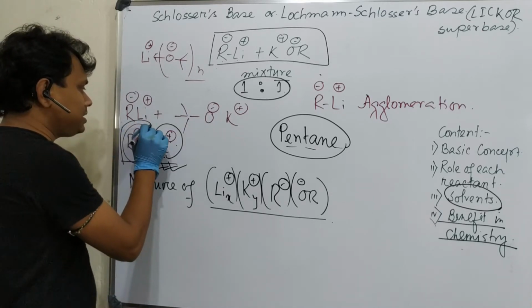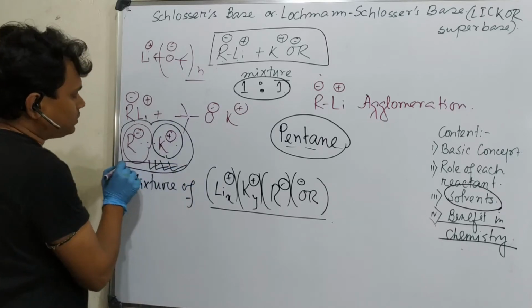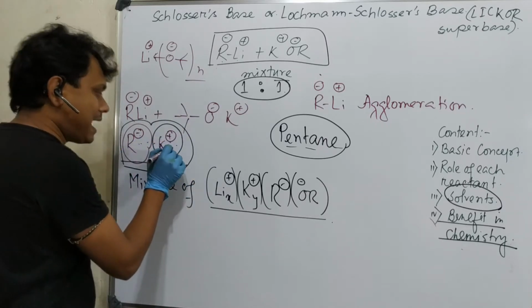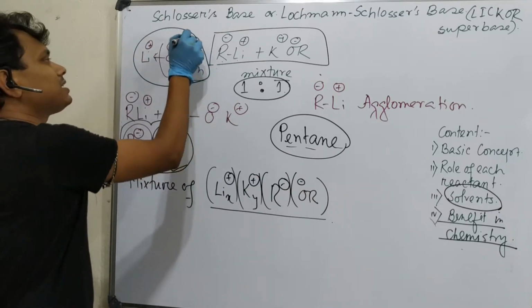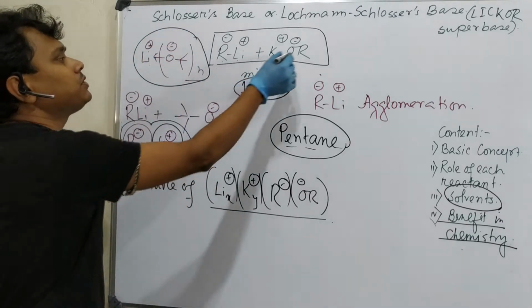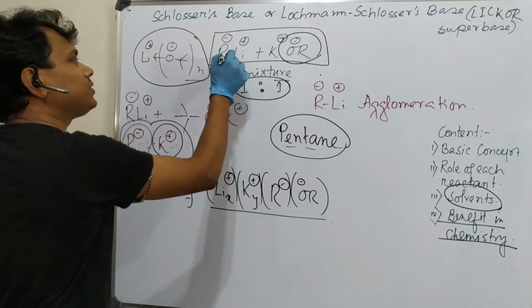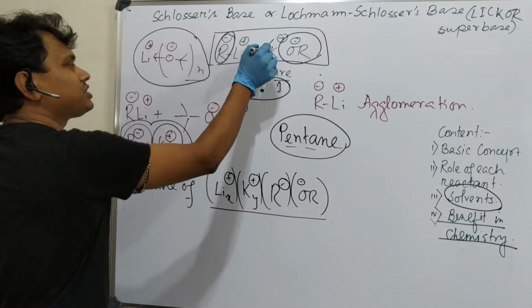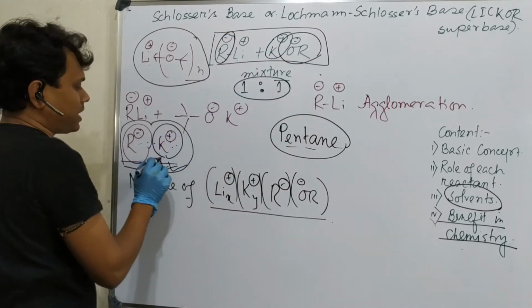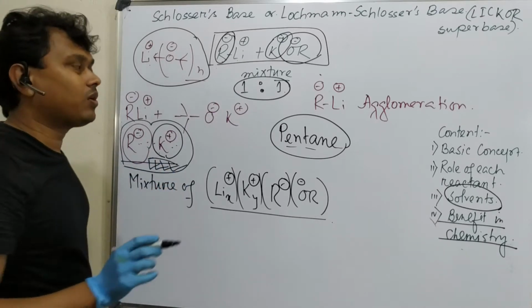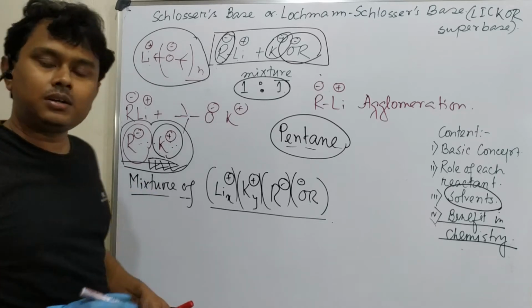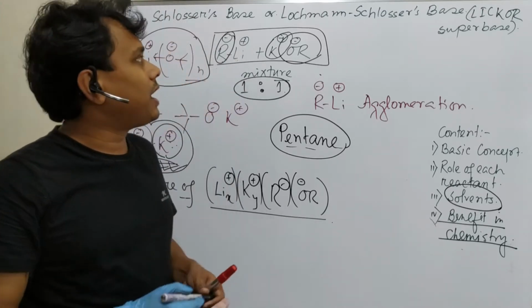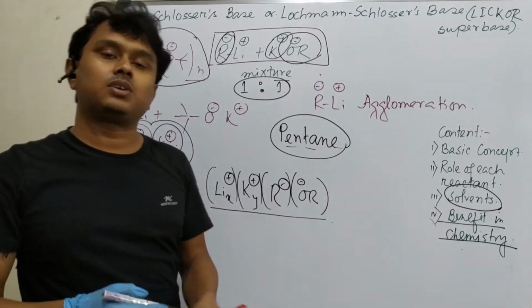This reactivity is believed to be because of the potassium carbon species, because the lithium is coordinated and stabilized by this OR. Consequently, this alkyl anion and potassium perform this reaction. So this is an organic super base. What we have learned today is about the Schlosser base, super base.